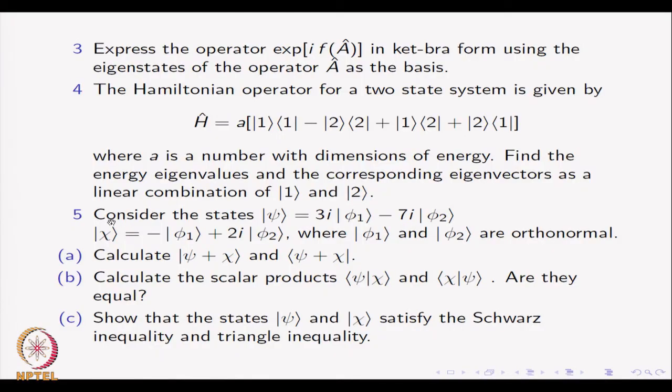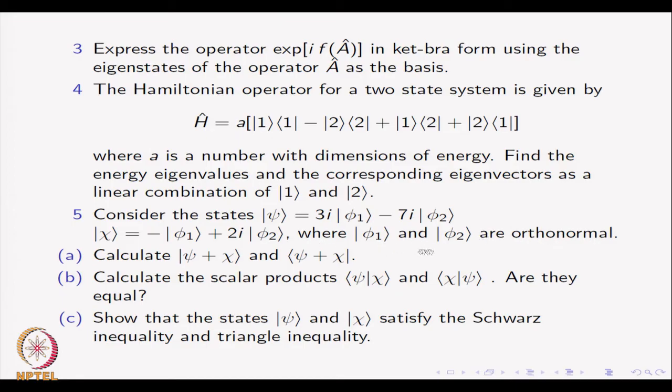Okay. Go through this problem 5. Consider the state psi as 3i phi 1 minus 7i phi 2, and chi is given by this expression, that is minus phi 1 plus 2i phi 2, where kets phi 1 and phi 2 are orthonormal.